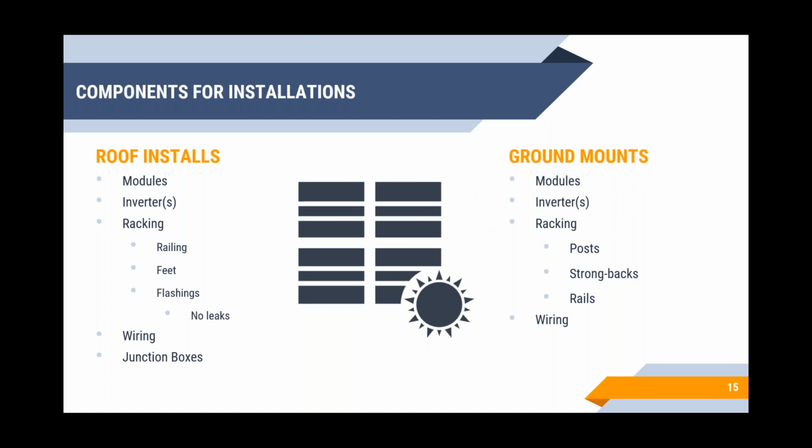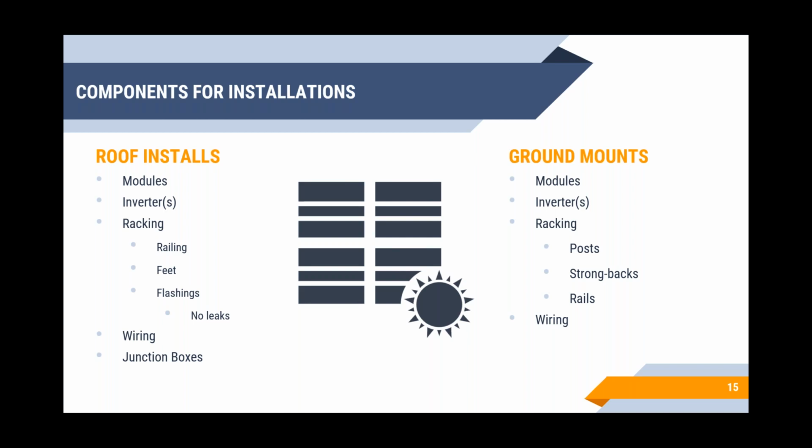So moving on with those components for the roof installations. On roof installs, we have modules, being the panels themselves. Then we have an inverter or inverters. Racking: you have your rectangular module, and then your racking is your rails that go in between.